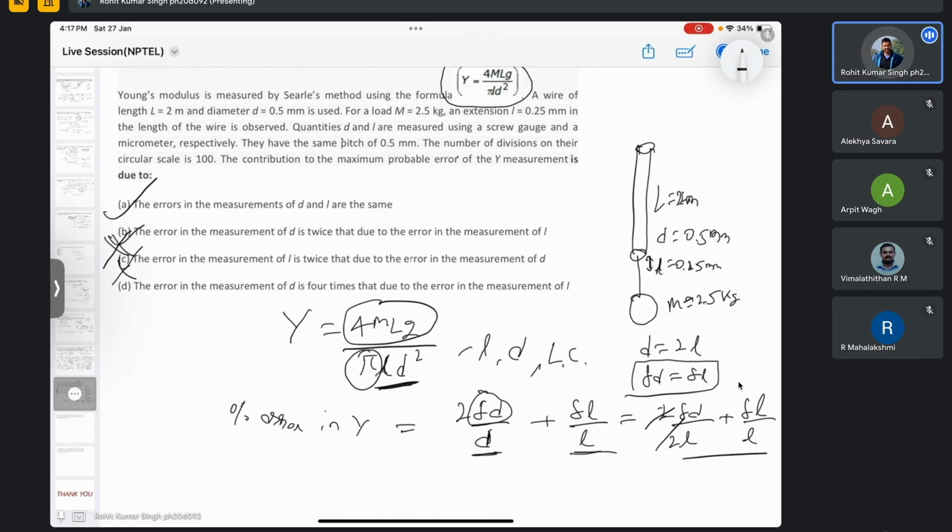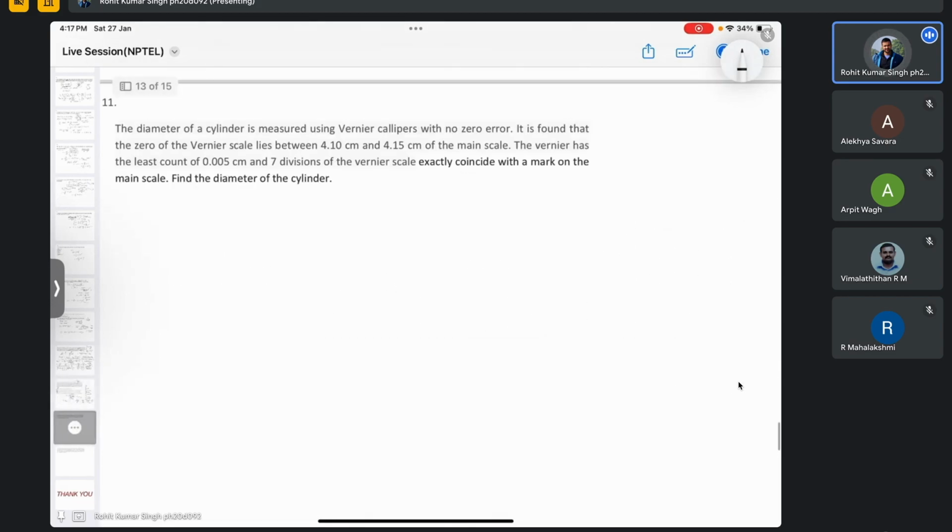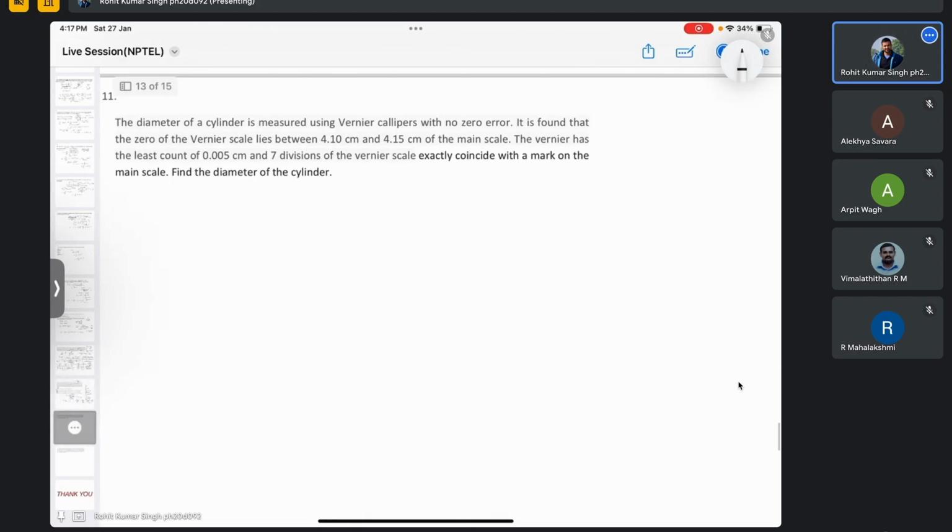If the pitch of the screw gauge is more, then the error will be more, right? So yeah, if the pitch changes, the error will change. But here that is not the case. Any else? Any other question?